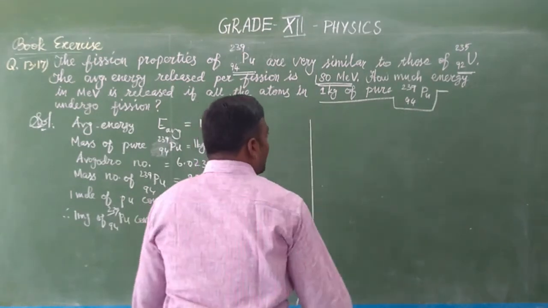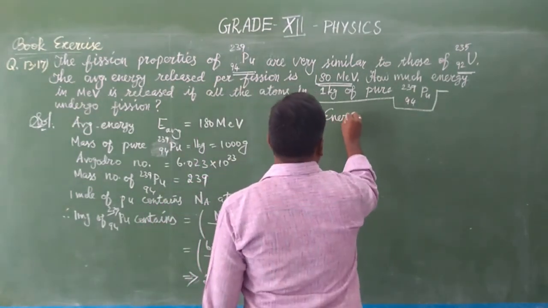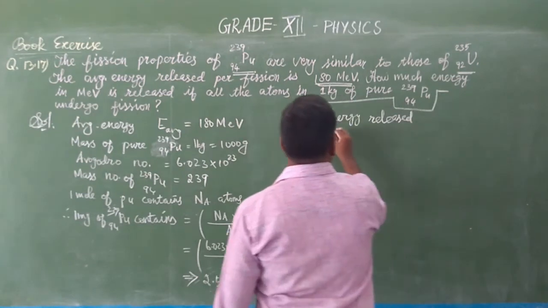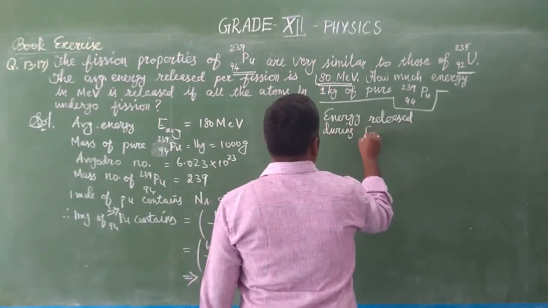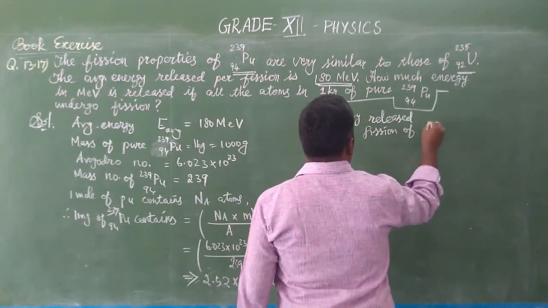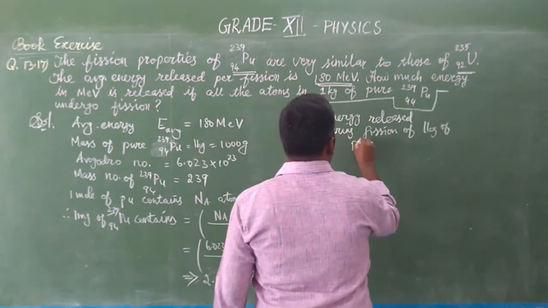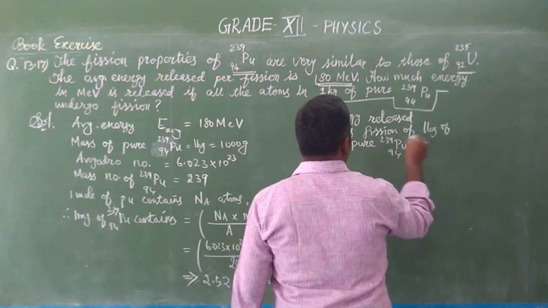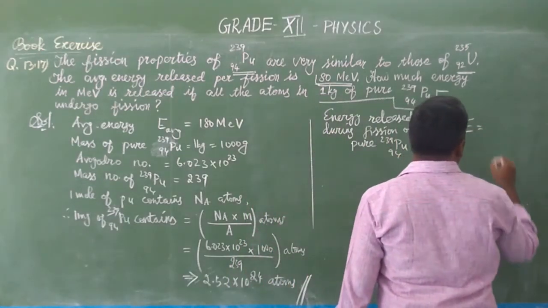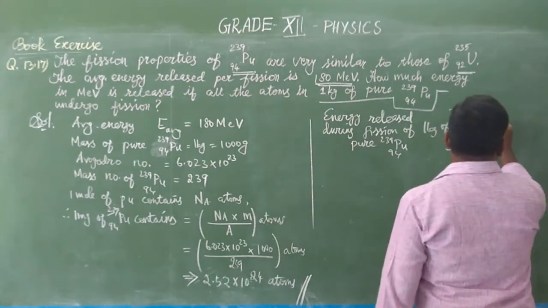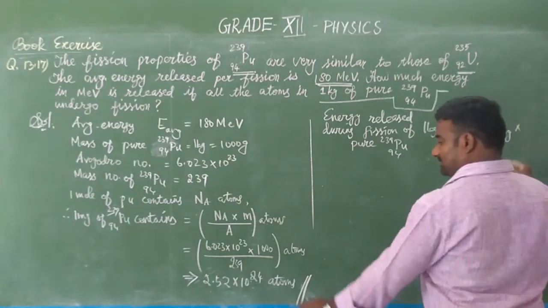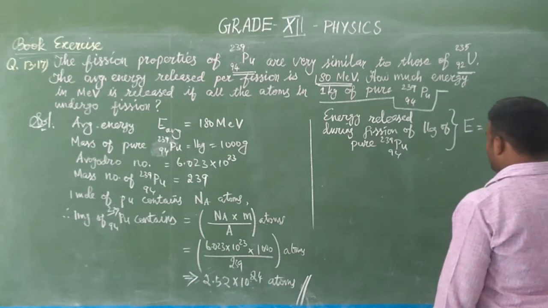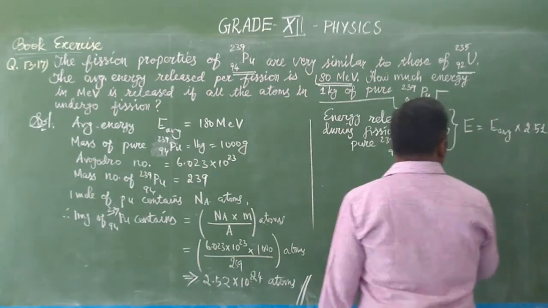The energy released during the fission of 1 kg of pure plutonium 94 239 is equal to the average energy into this value we found, that is 2.52 into 10 to the power 24.